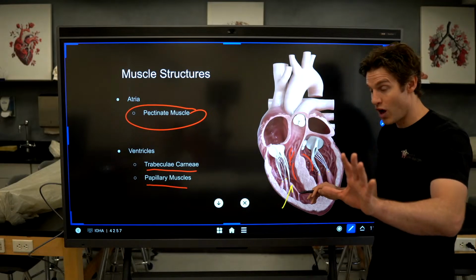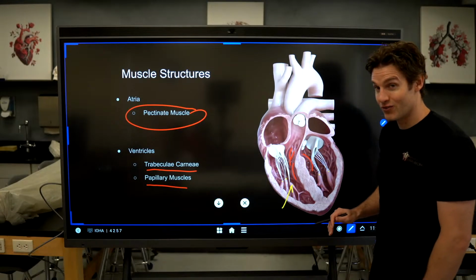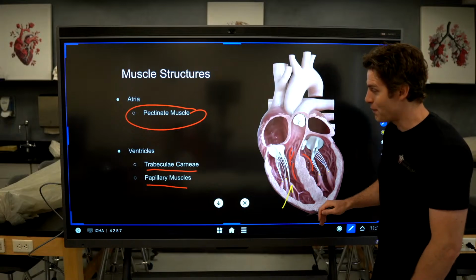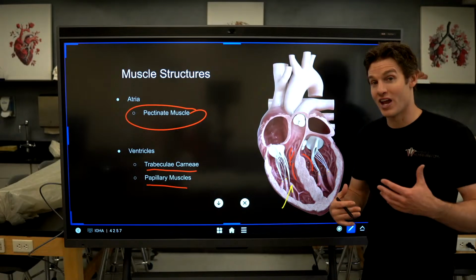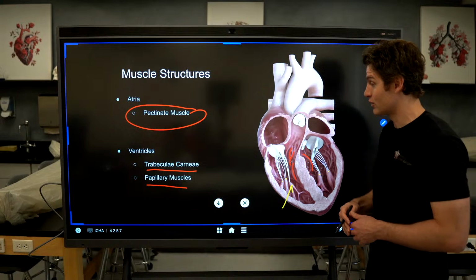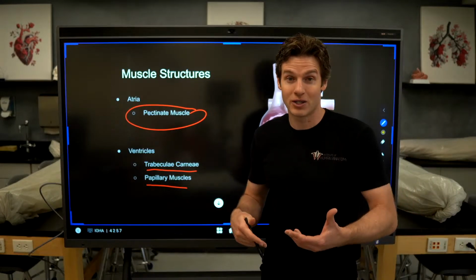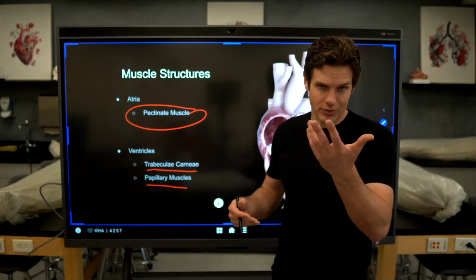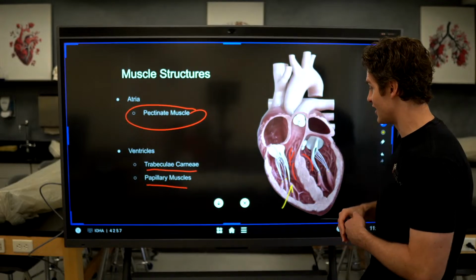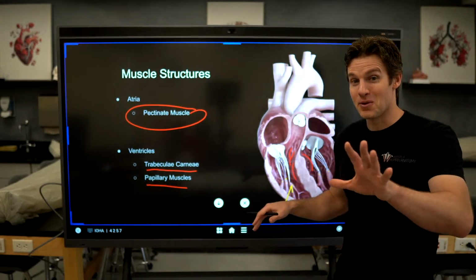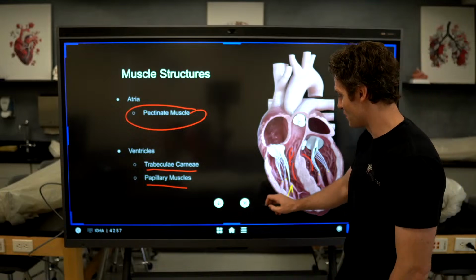I'm going to hold off on those because I'll show you those on the valves when we get there. But these little papillary muscles are going to be very important for our atrioventricular valves. Maybe you've heard of the specific atrioventricular valves before, like the tricuspid and the bicuspid valve, sometimes referred to as the mitral valve. I know that's a lot of names, but those are really cool, and we'll be able to show you those on the cadaver dissection as well.